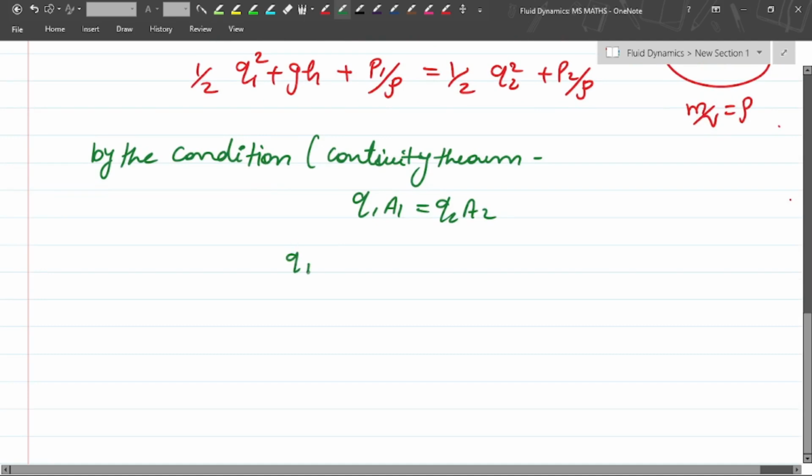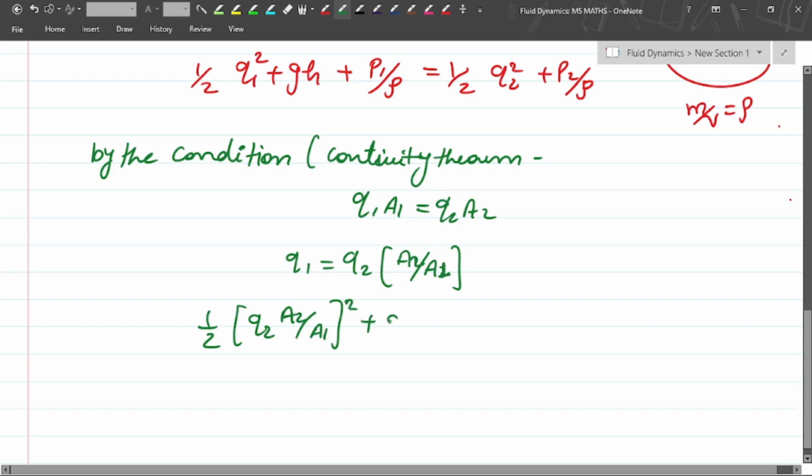So q1 is basically q2 into a2 upon a1. We will put this value of q1, so a2 upon a1 all square, plus gh.